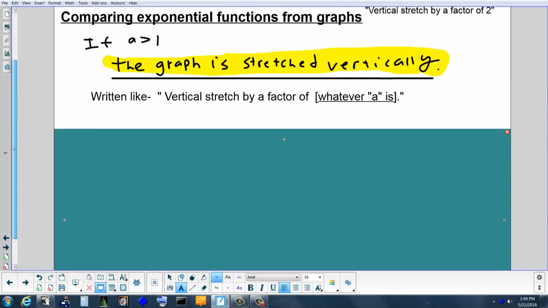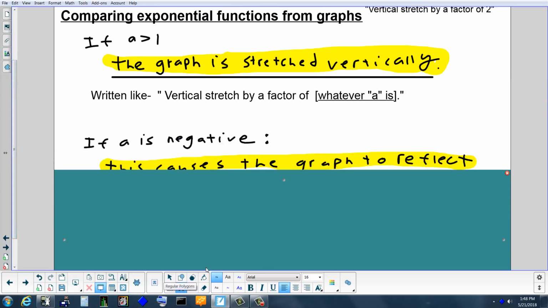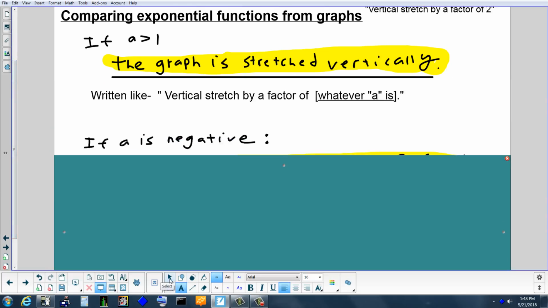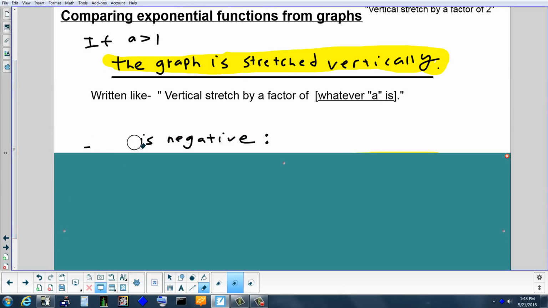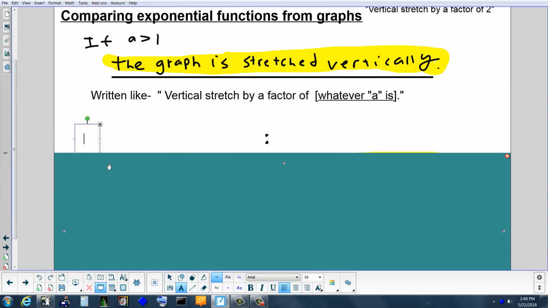Now, we also looked at one where that first number after y was negative. So if a is negative, think about this. We showed you that graph before, remember the one that had the black?